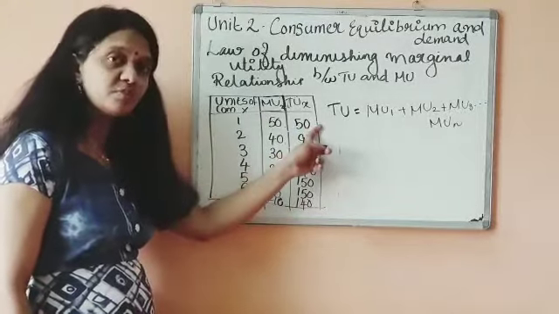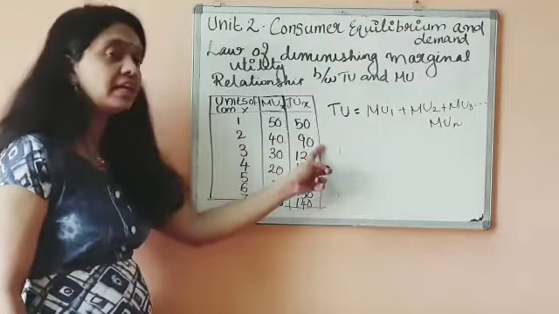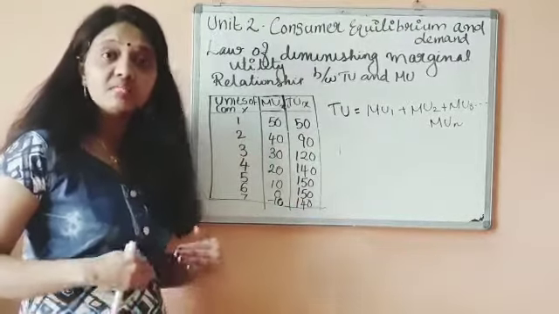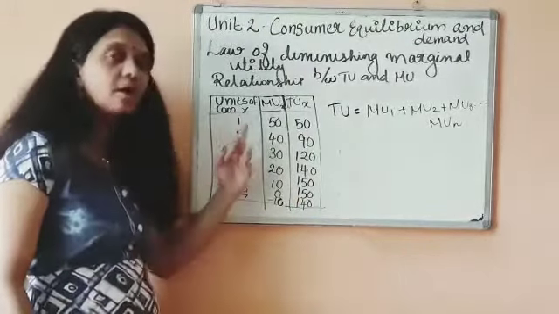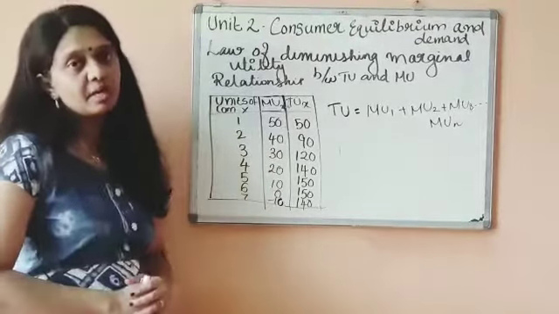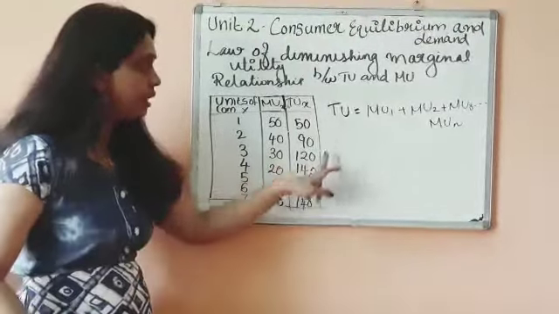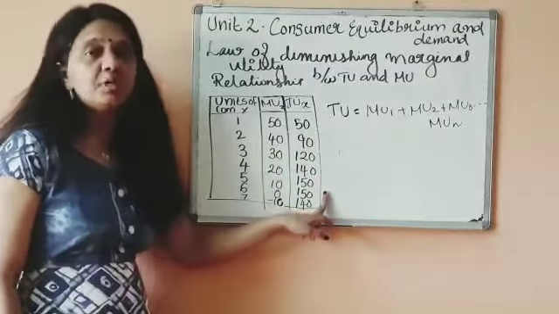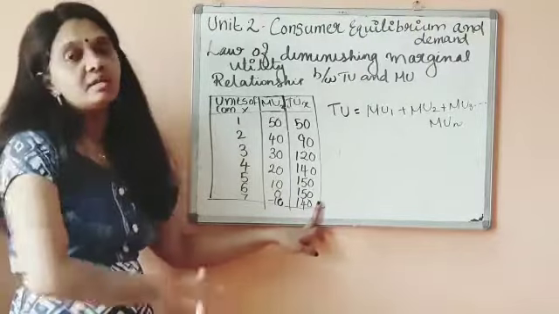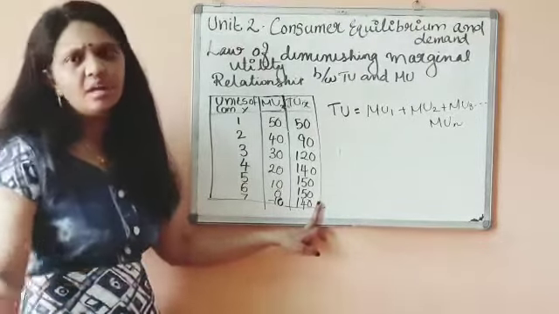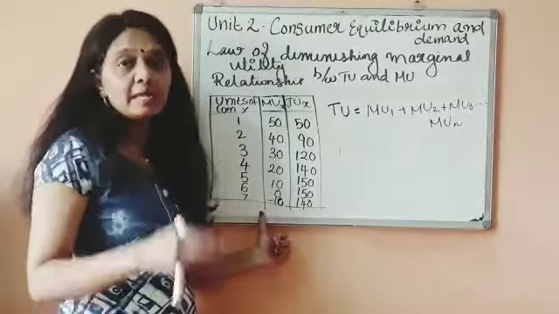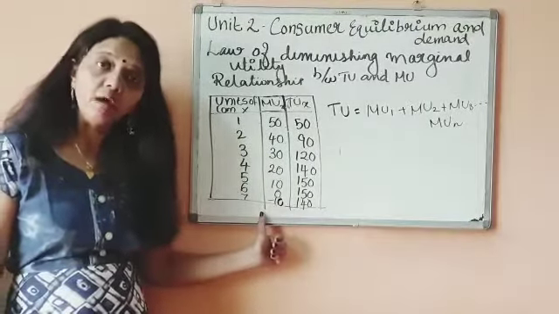First is 50, then 50 plus 40, because your stomach is filling with 1, 2, 3, 4 chapatis. So the total is increasing. Then at a particular point it became the maximum. Then it started diminishing. I am going to explain this with the help of a diagram also.